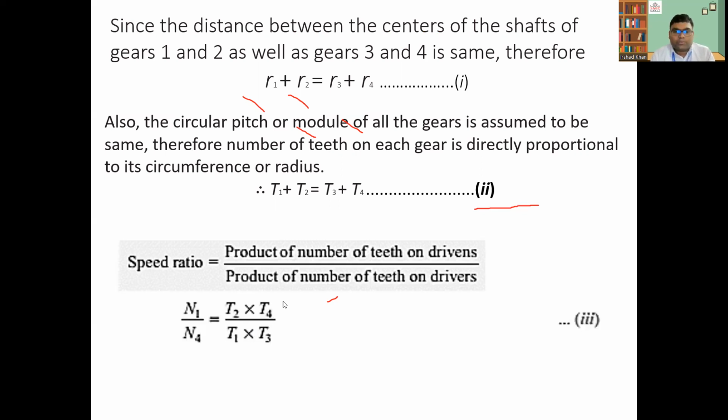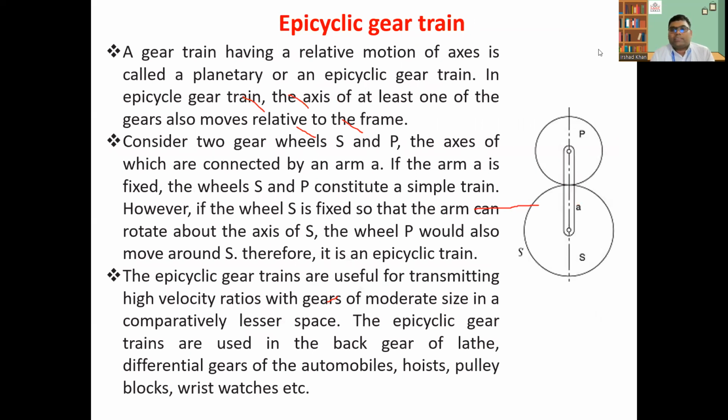So this last one is the epicyclic gear train. If you see such an arrangement, a train having relative motion is called a planetary or epicyclic gear train. In the epicyclic gear train, the axis of at least one of the gears also moves relative to the train.